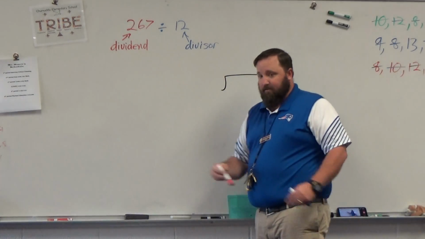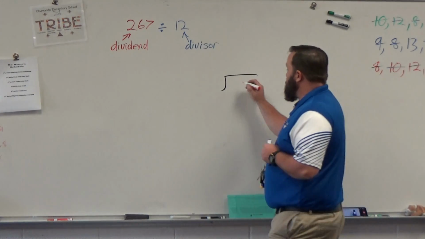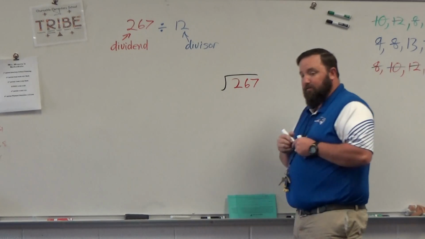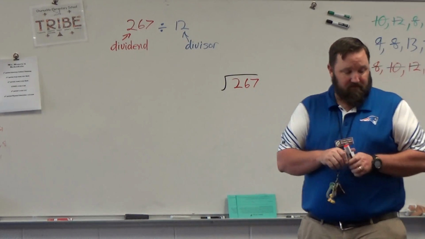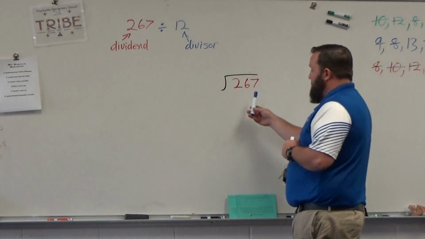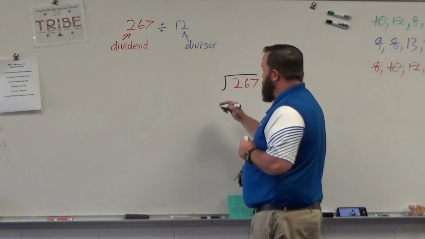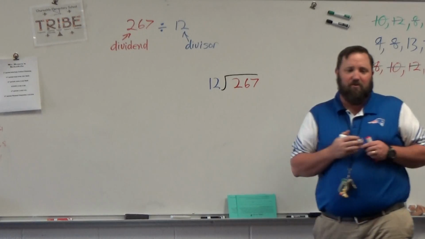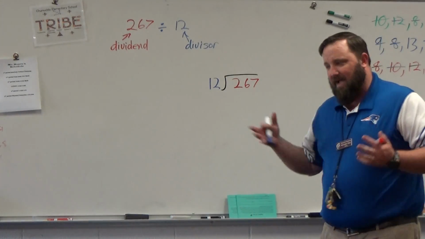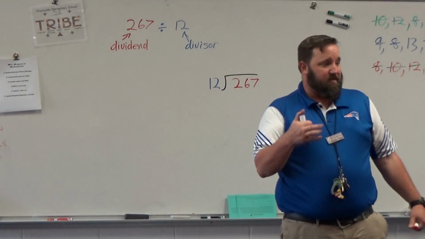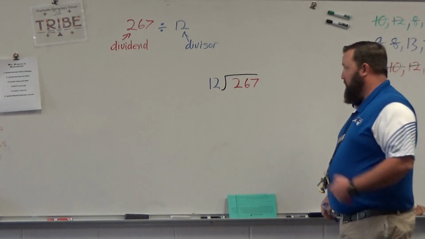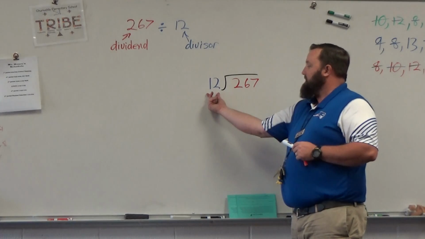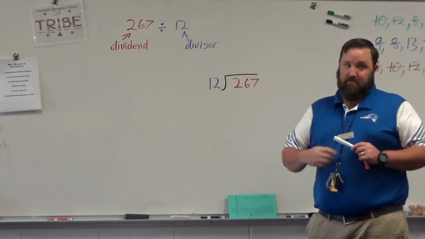The dividend is inside, and the divisor is on the outside. And as somebody said today, Michelle told me that the divisor is outside the house knocking on the door. Divisor at the door. If that works for you, use it. If it doesn't, just remember the divisor's on the outside, the dividend's on the inside.